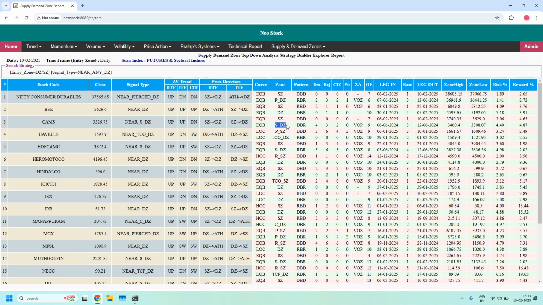CAMS is having a high liquidity daily demand zone. HDFC AMC, high liquidity demand zone. Manappuram is having a high liquidity daily demand zone.